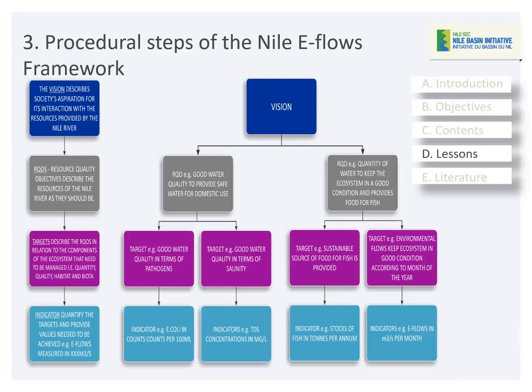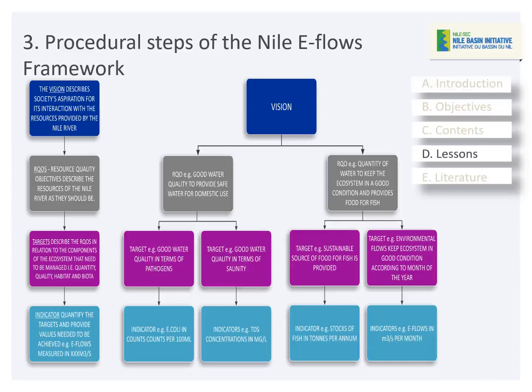They would be things like ensuring that E. coli counts are maintained below a certain amount per 100 milliliters of water, that total dissolved salt concentrations in milligrams per liter would be below a particular level, that the stocks of fish in tons per annum would be maintained in a particular type of river ecosystem, for example, and what the actual value of environmental flows and the associated variability of flows would be for a particular month.